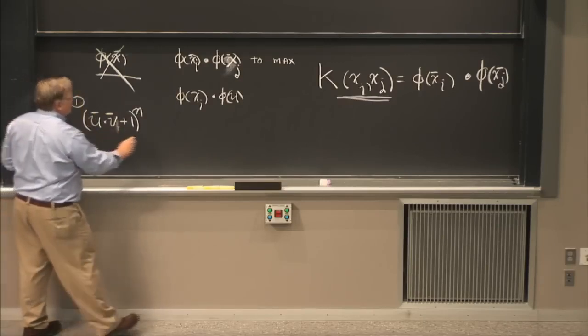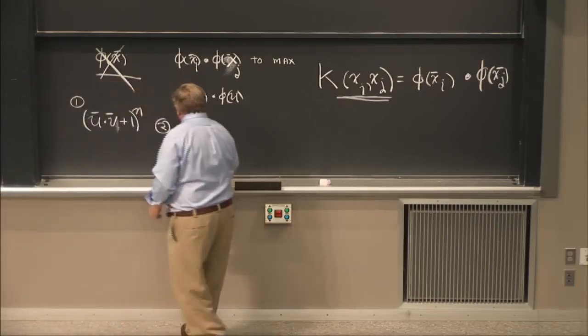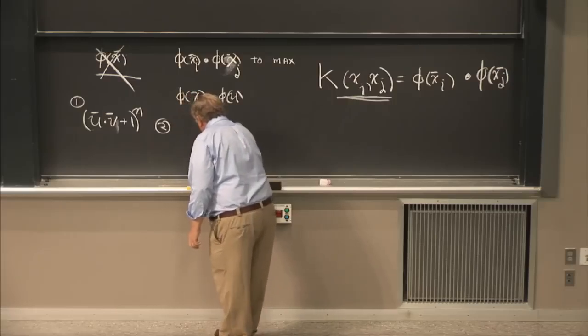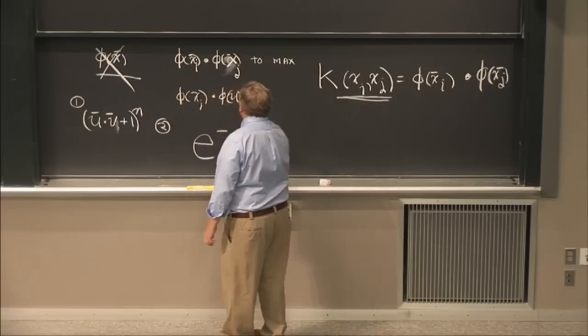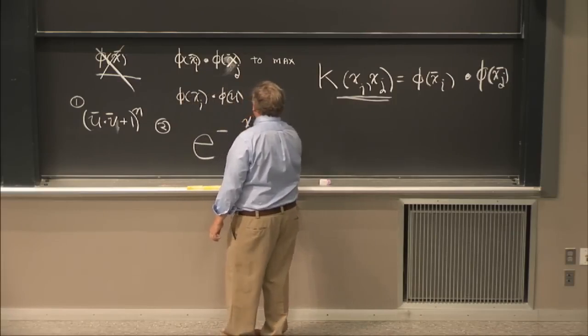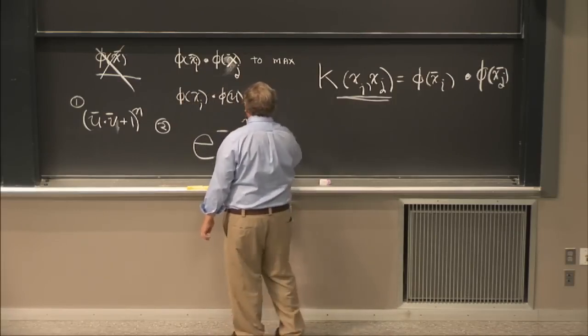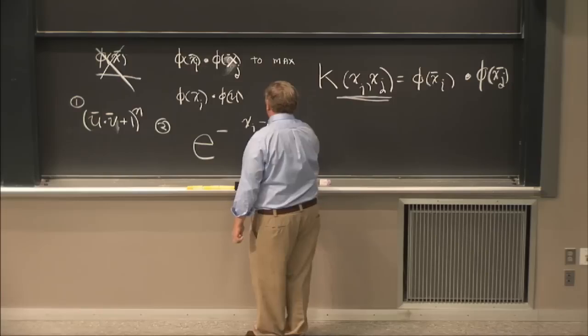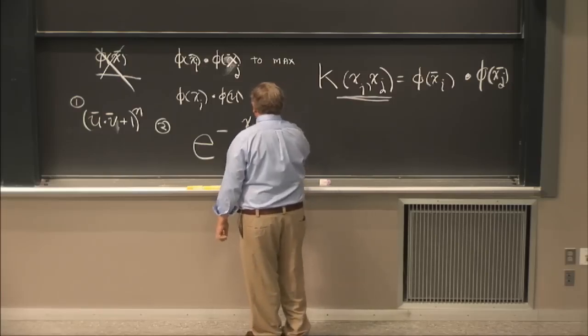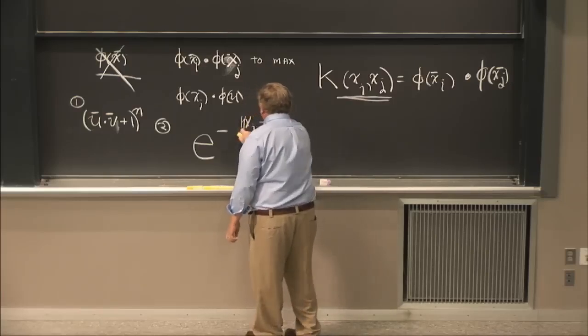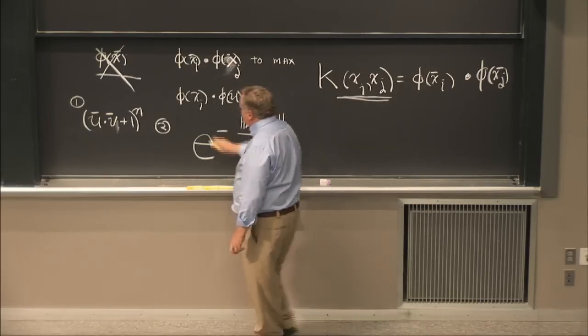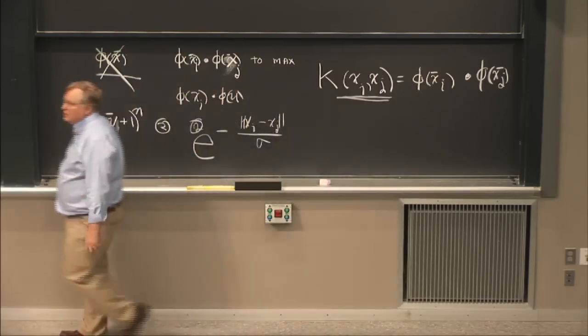So that's one choice. Another choice is a kernel that looks like this, e to the minus. Let's take the dot product of those two, the difference of those 2 guys. Let's take the magnitude of that and divide it by some sigma. That's a second kind of kernel that we can use.